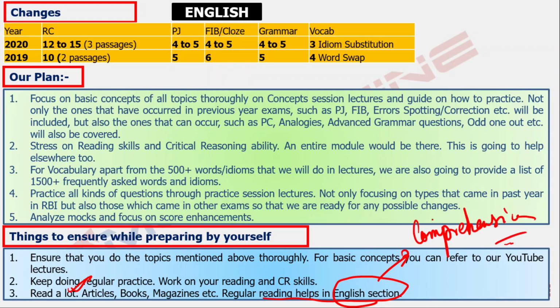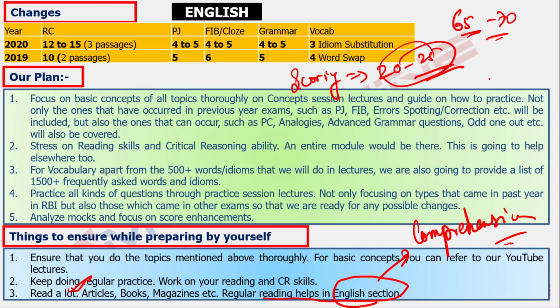And I'll tell you what my students told me last year, that in the 2020 paper, English was one of the most scoring areas. There were people who could score around 20 to 25 in this section. Now imagine, you have 65 to 70 as cutoff and you score 25 in this.